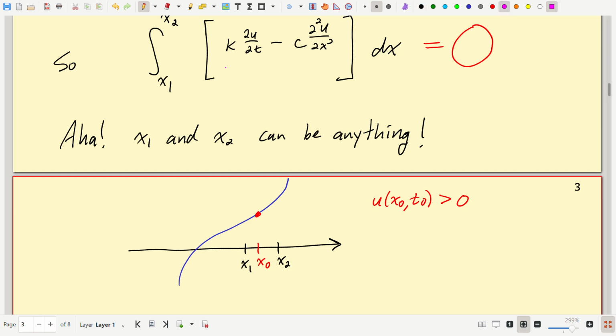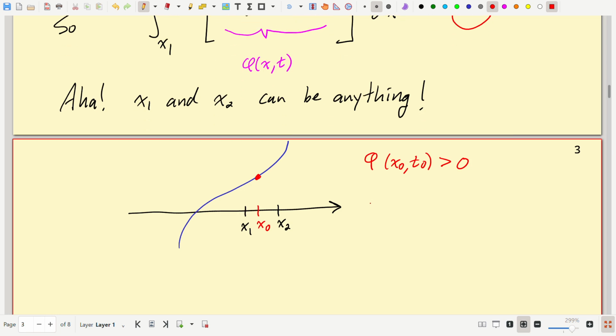I should call this something. What would you call that? Phi of x,t. If that were ever strictly positive, or strictly not zero, I could put an x1, x2 like that, so that integral would not be zero. I would get that the integral from x1 to x2 is not equal to zero.